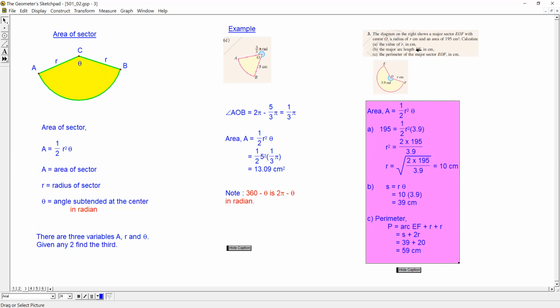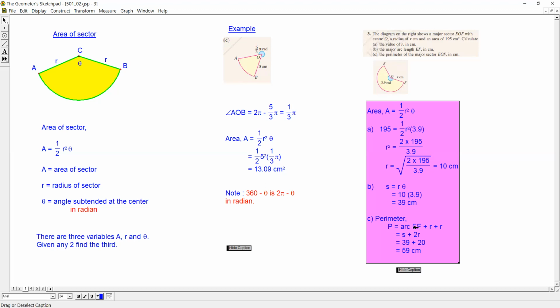Second part, find the major arc EF. We use this formula for finding the arc length, R theta. R is 10, theta is 3.9. So 39. So the arc length here is 39. At last, we want to find the perimeter. Perimeter of this shaded area, the yellow color, is OE, which is R, OF, which is R also, then this arc length EF.